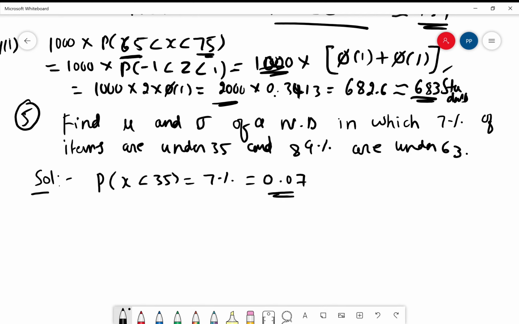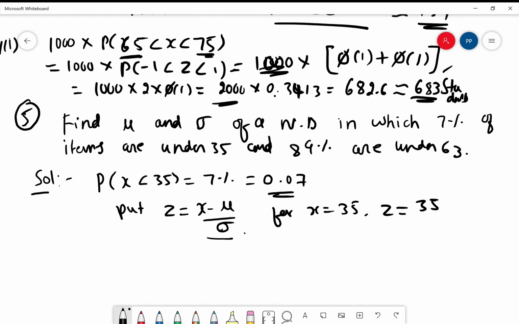What is the substitution? Put Z equals (X minus mu) by sigma. Okay. So for X equals 35, what is Z then? 35 minus mu by sigma.